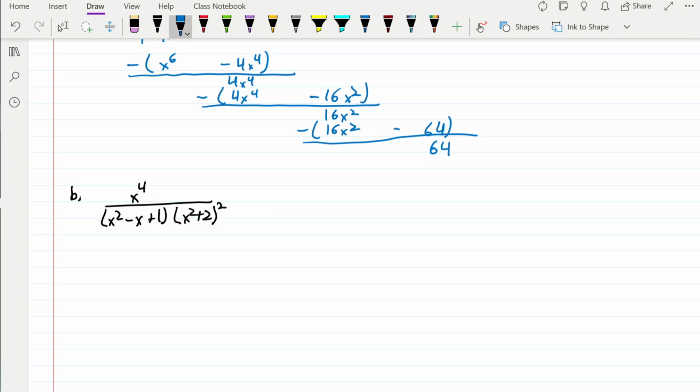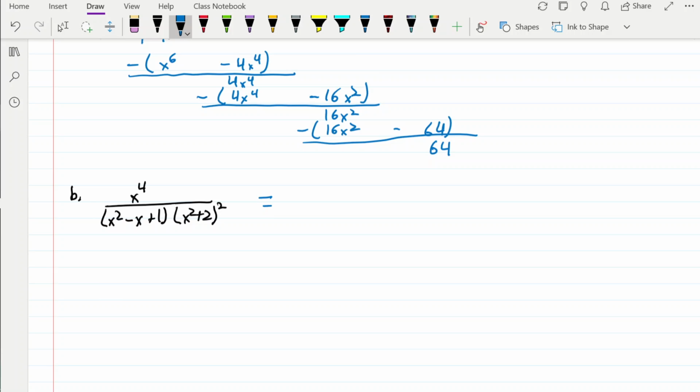So we can just go right into, well, let's see, we might be able to factor this right here. Actually, no, we cannot factor it.